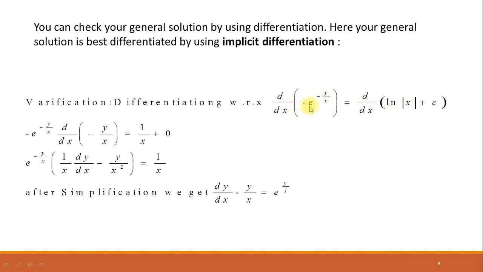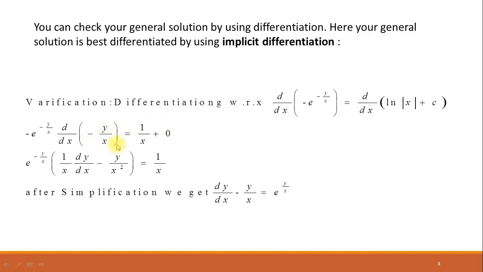So the derivative of the exponential function is -e^(-y/x), and again the derivative of this argument, the derivative of -y/x. Applying the derivative to the right hand side, we get the derivative of log x equal to 1/x, and the derivative of the constant term is 0.